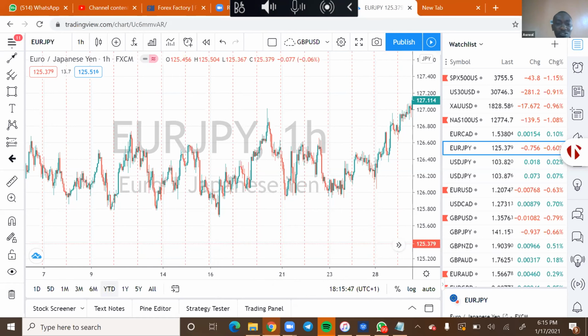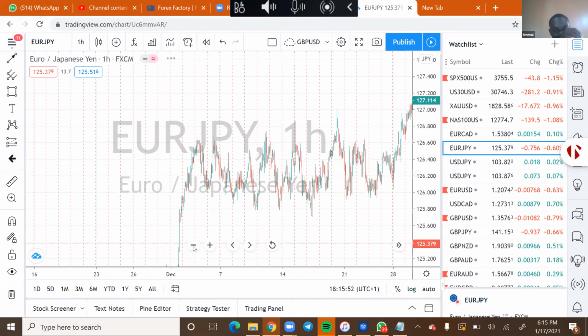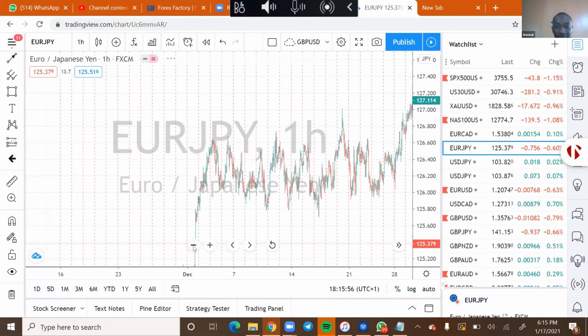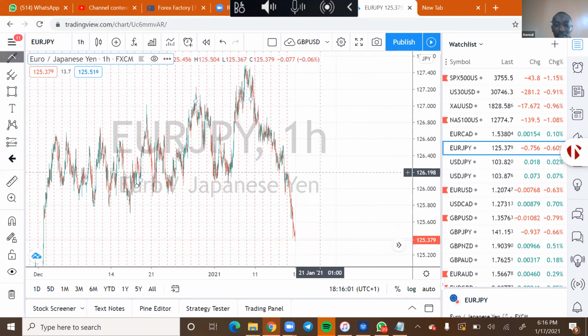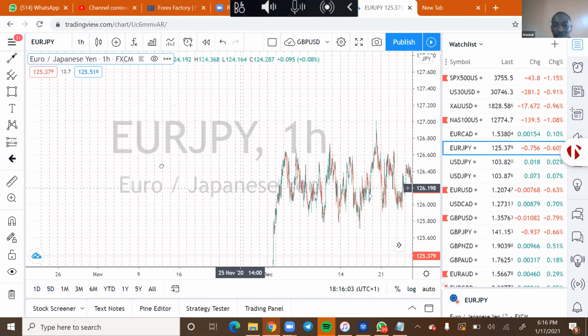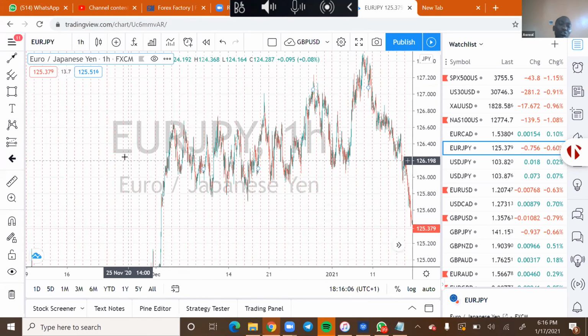So usually, if I want to check whether this area I'm drawing at, this is just an example, but if I want to go further and see, okay, is this area a good support and resistance? I can shrink my chart and make it smaller. Then I look at the previous parts. This stuff is not loading well, but you can always go left.